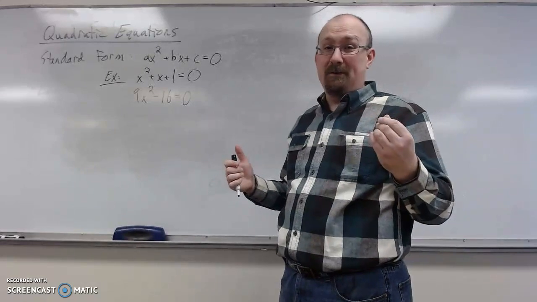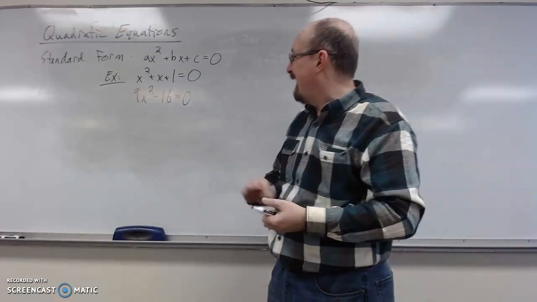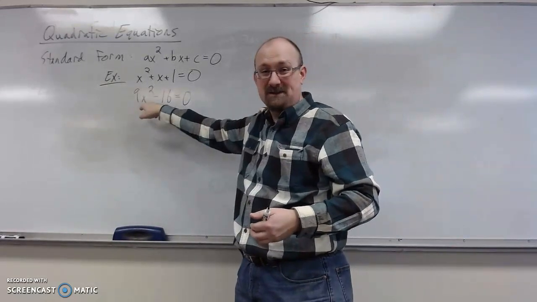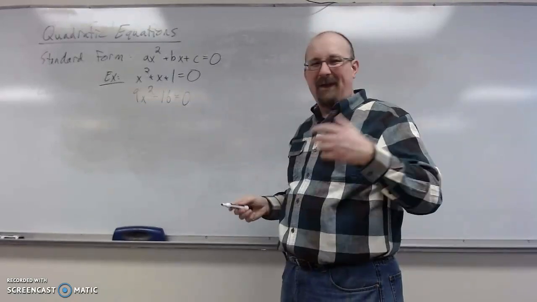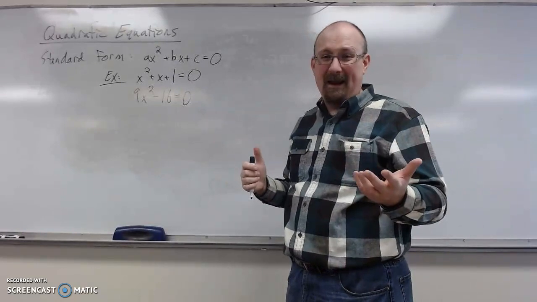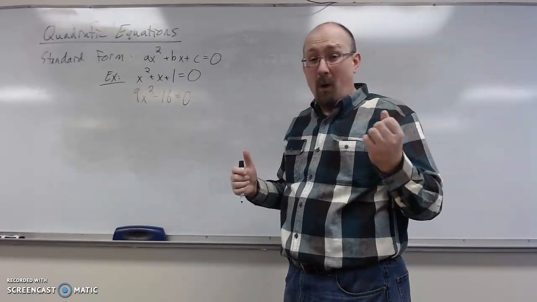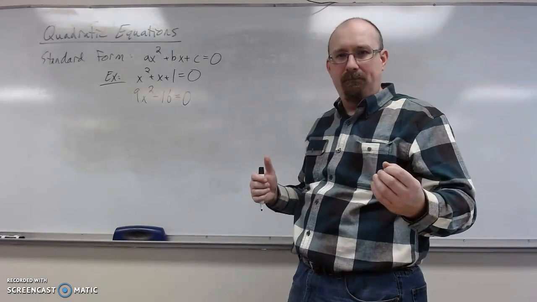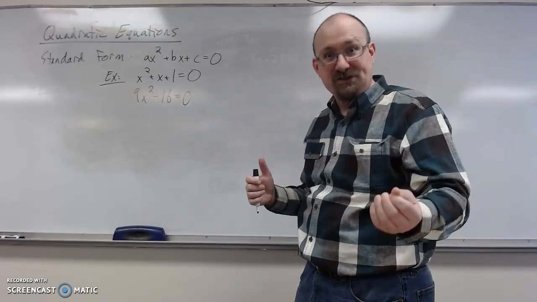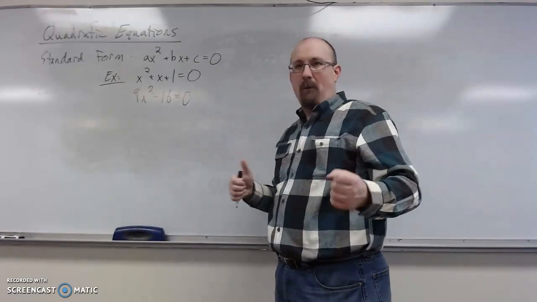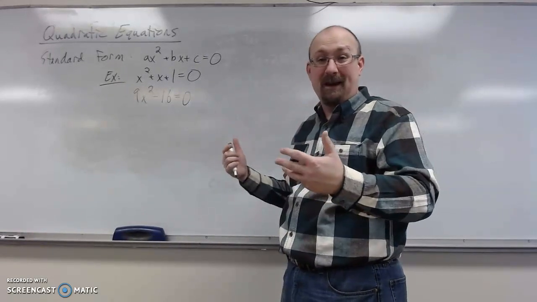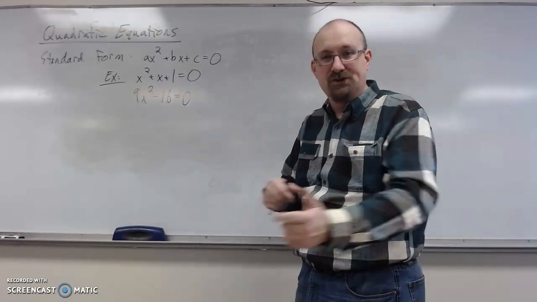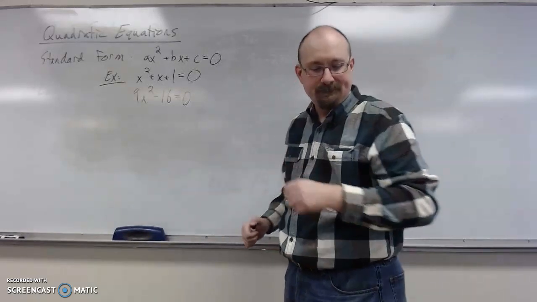The idea is this is broken into an mx plus b thing times another mx plus b thing, and then it's equal to 0. If you multiply together two things to get 0, the only way that happens is if one of them was 0 in the first place. So you can take each linear thing, set it equal to 0 separately, and then solve to see your potential solution values for the equation in question.